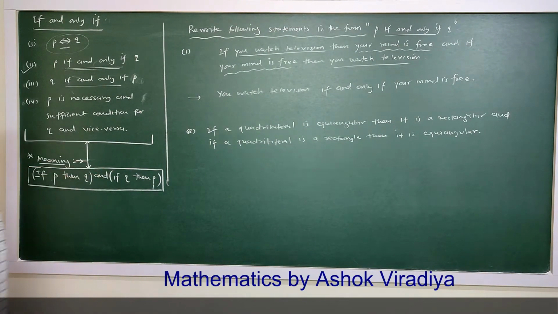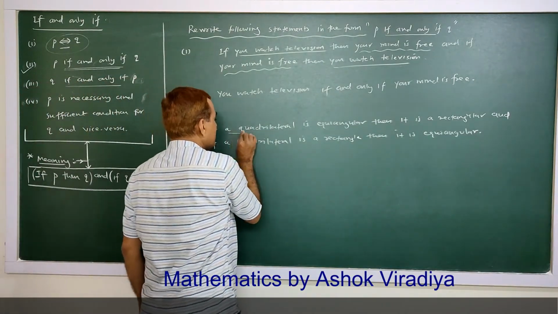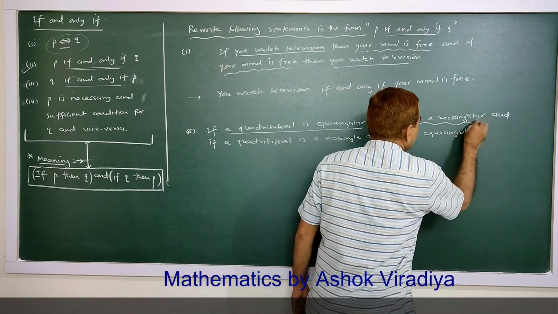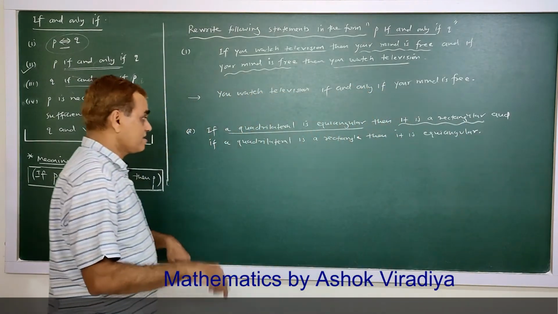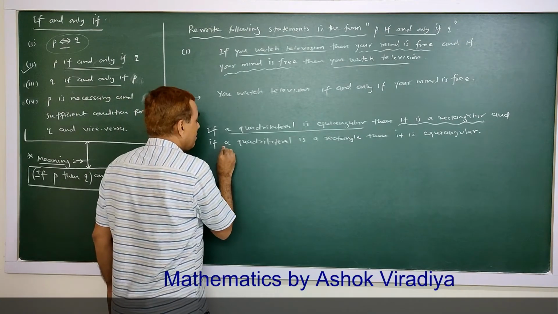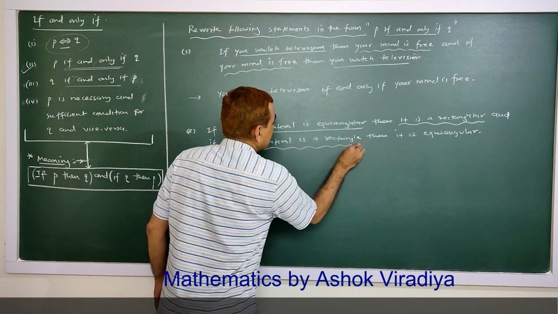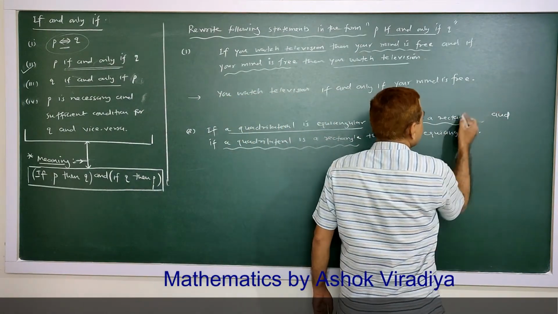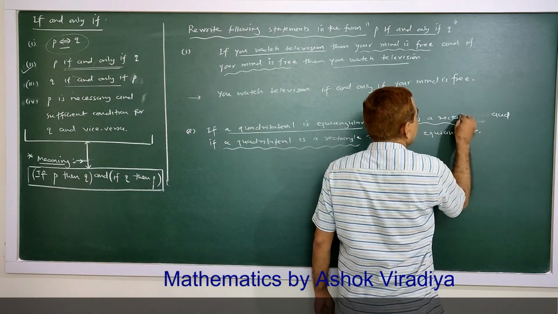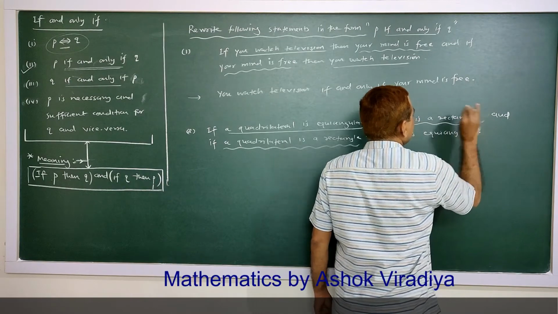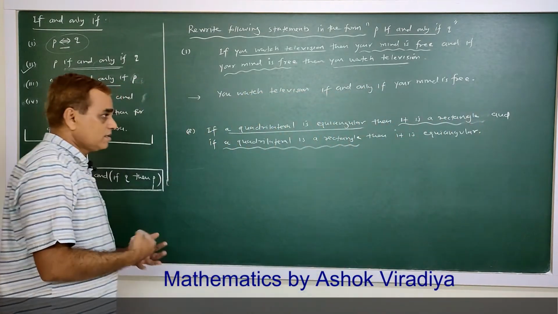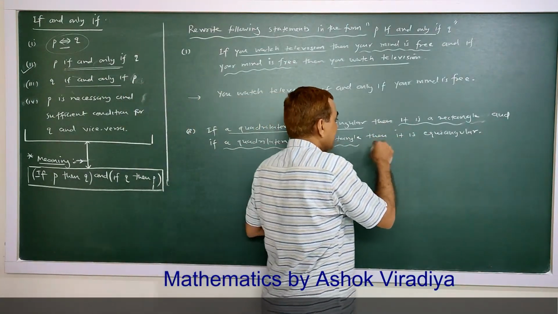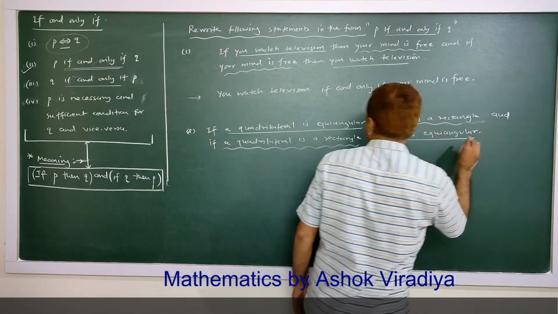Similarly, second statement. If a quadrilateral is equiangular, then it is a rectangle, and if a quadrilateral is a rectangle, then it is equiangular.